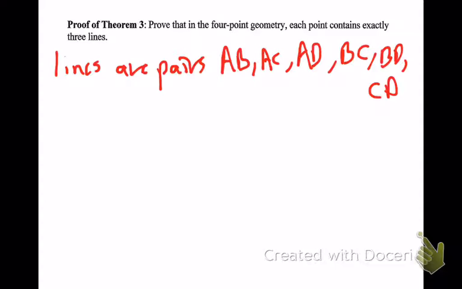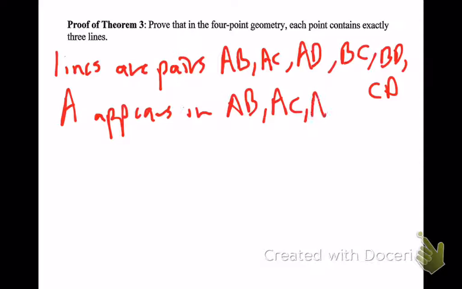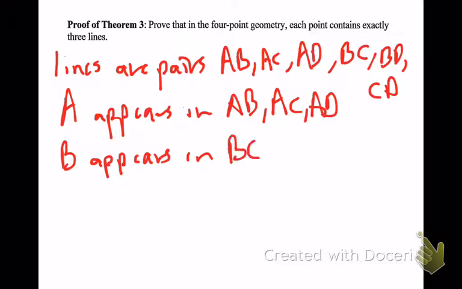How would I show that a point is in exactly 3 lines? All right. Well, we take a look. Take for example point A. Well, you can make a list. A appears in AB, AC, and AD. B appears in BC, BD, and AB. Right?